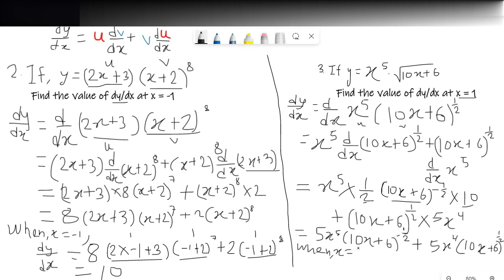So when x is equal to 1, we get 5 into 1 to the power 5, which is also 1. 10 into 1 plus 6 is 16, so 16 to the power minus half, plus 5 multiplied with 1 to the power 4, which is also 1, and then as the same, 10 into 1 plus 6 is 16, so 16 whole to the power half.